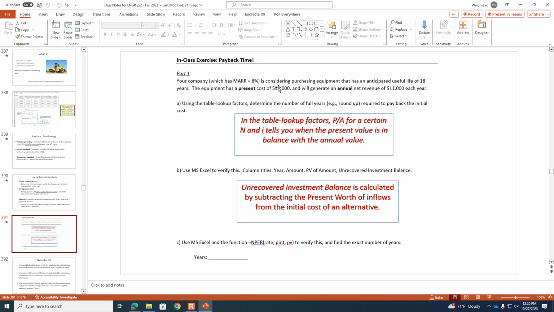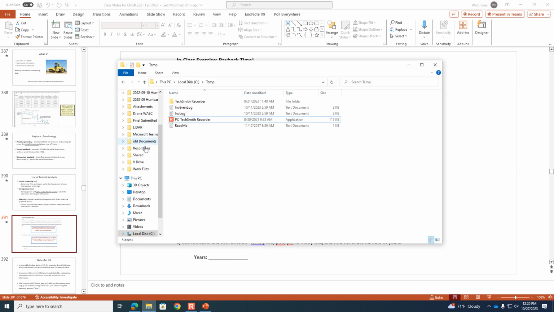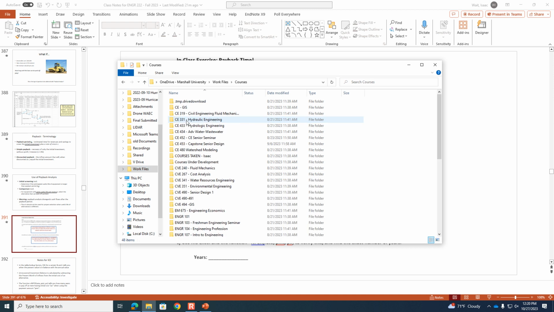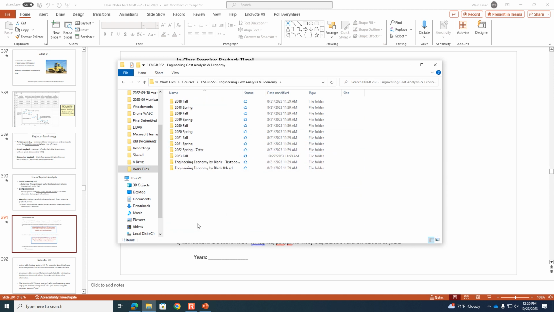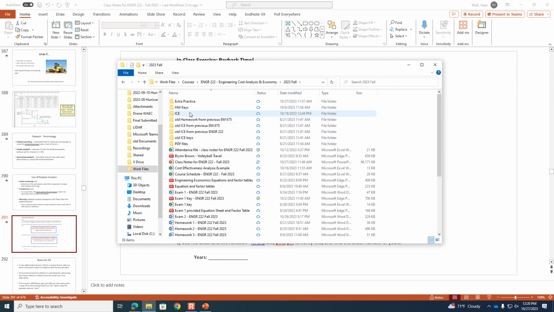So P is 92,000, A is 11,000, so P divided by A is 8.364. Let me open up the factor table and we'll look at the crossover point.